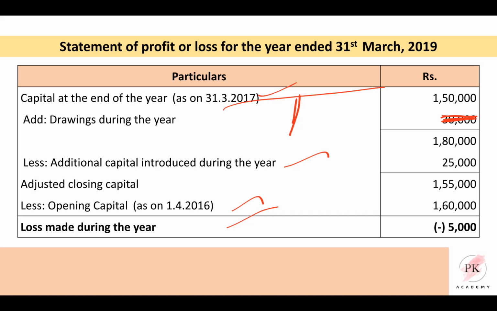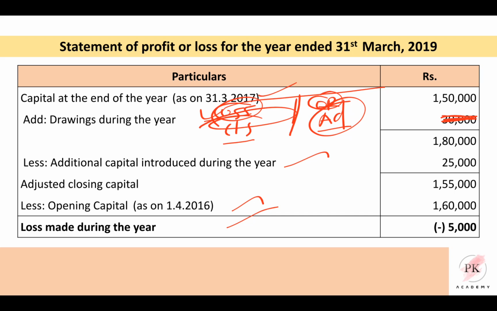Closing capital is given, opening capital is given, additional capital also given, loss also given. So what is the difference figure? It should be drawings, on this side. So for this, you can take opening capital, add additional capital, after that minus loss and closing capital, then you can get the drawings.